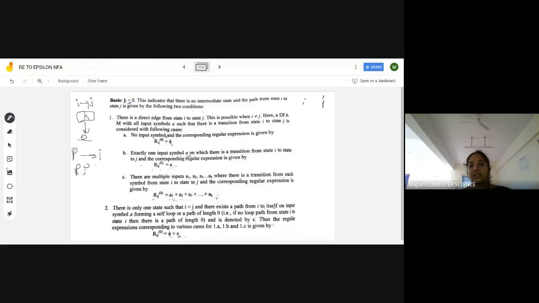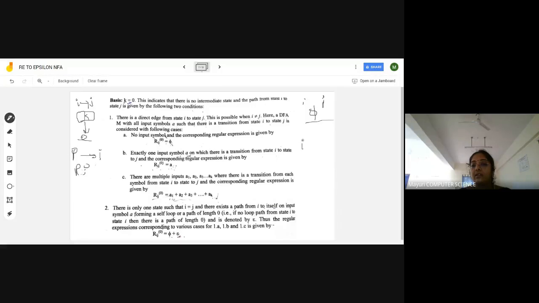So there are three cases that exist here. First, there won't be any path, meaning no input consumed. If I don't have any path between I and J, what will I write? Phi, meaning null input, no input. Suppose this is one case.